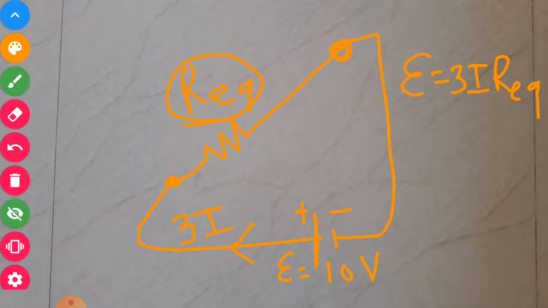Now that first equation was E is equal to 5 by 2 I into R. So compare these two equations. The new equation which we got: 3I Req is equal to 5 by 2 I into R. So I will be cancelled out.